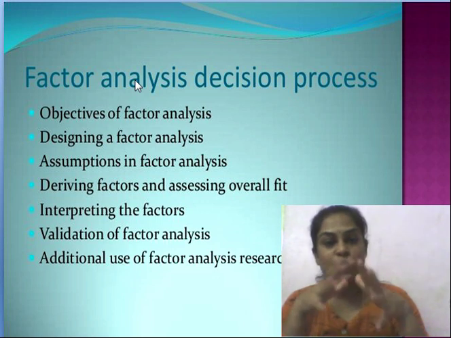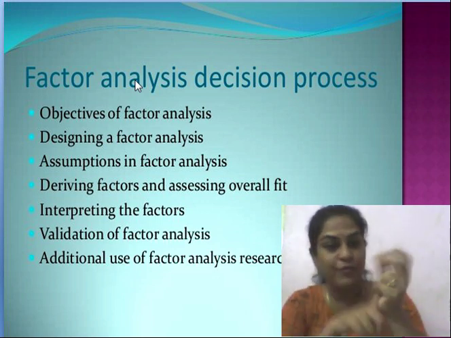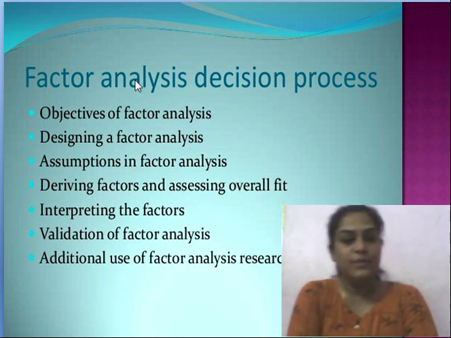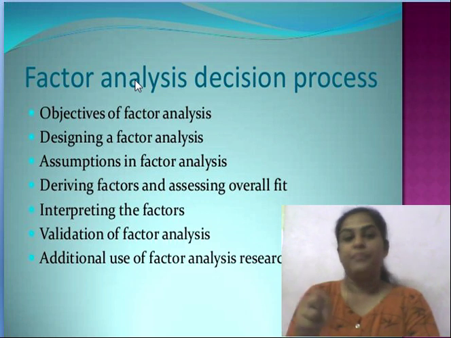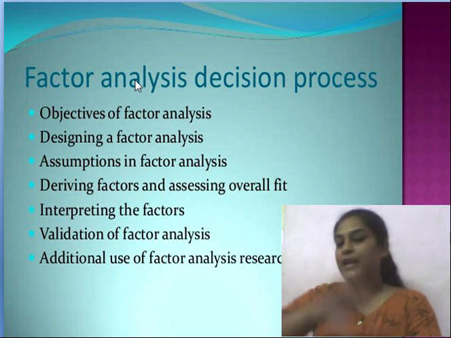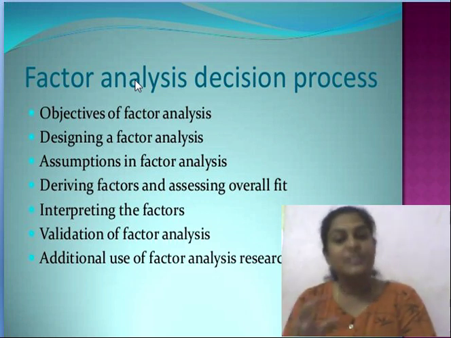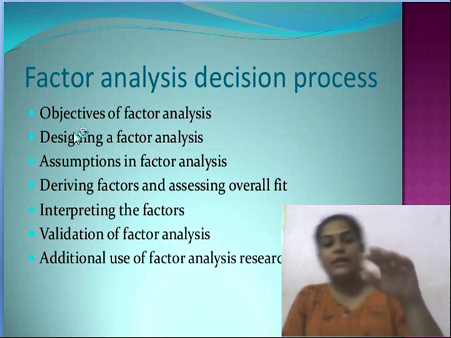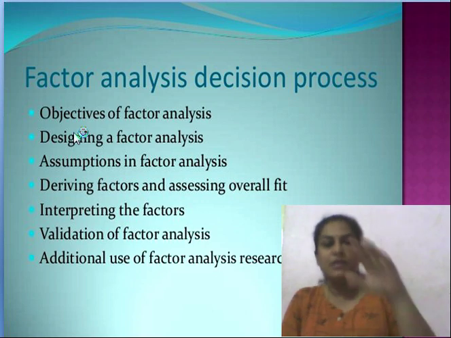In this process, the decisions cover the objectives of factor analysis, designing the factor analysis, assumptions, deriving the factors and assessing overall fit, interpreting the factors, and validation of the factor analysis, and additional uses of factor analysis in research. This is the factor analysis decision process.